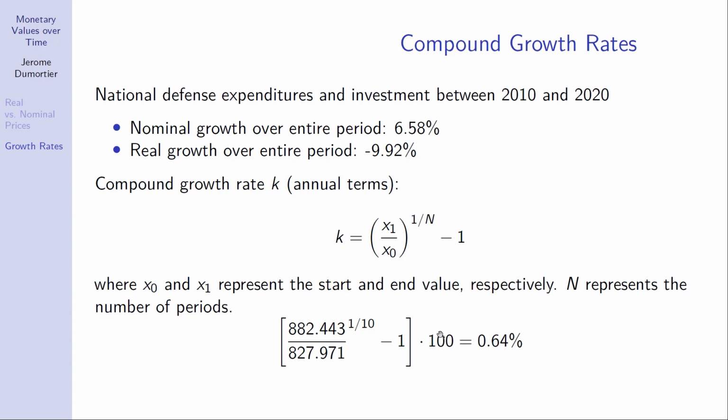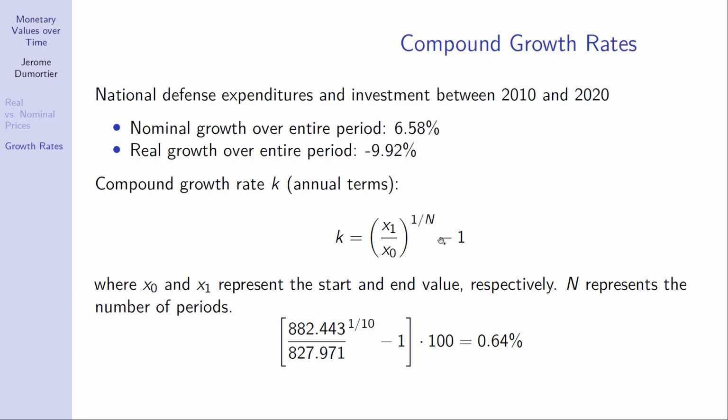Now, sometimes what you are interested in is not the growth over an entire period, but the average annual growth. This is where you have to use the compound growth rates, which calculate the percentage increase over a longer time period into annual steps. Here is the equation, where n is the number of time periods between the various values.